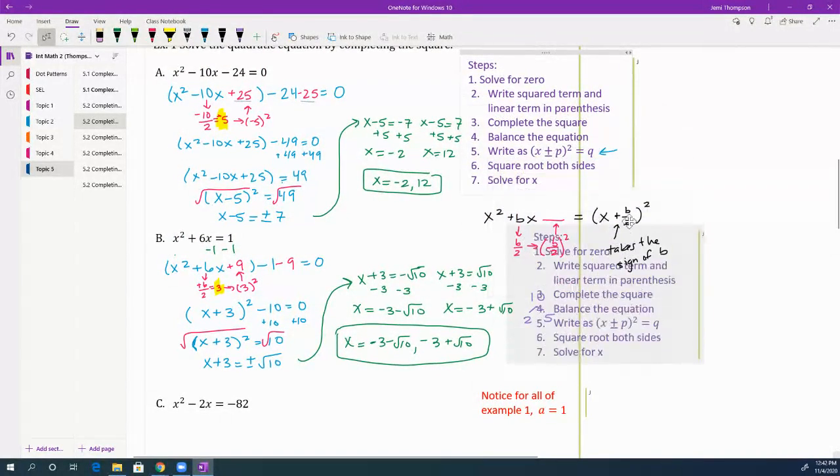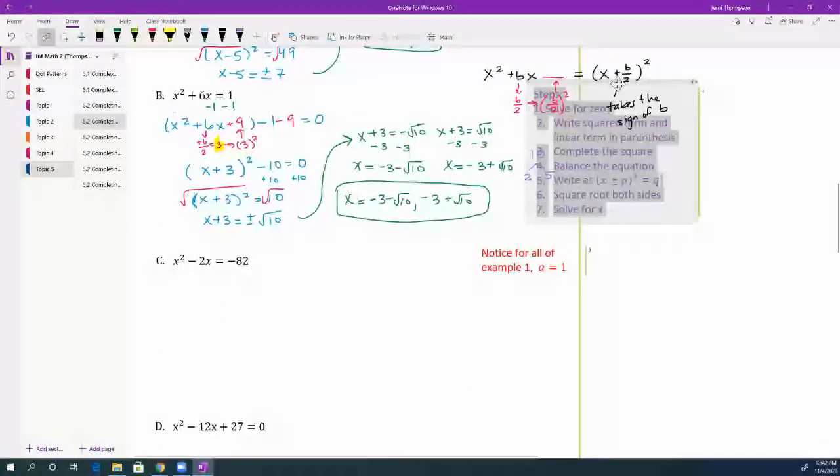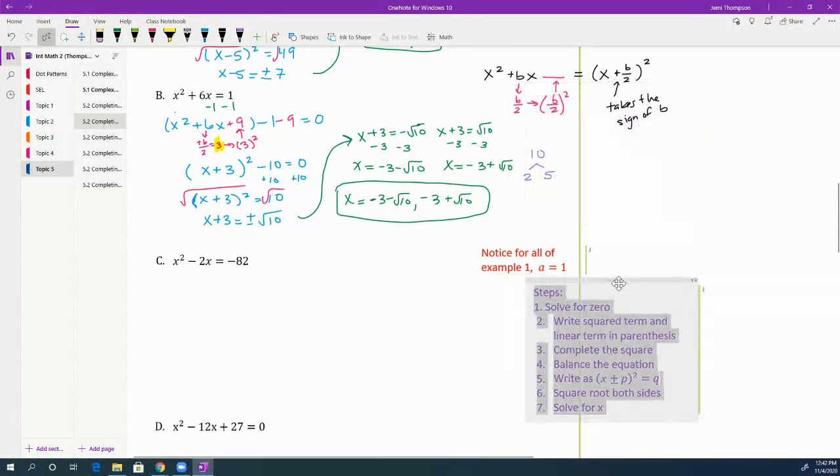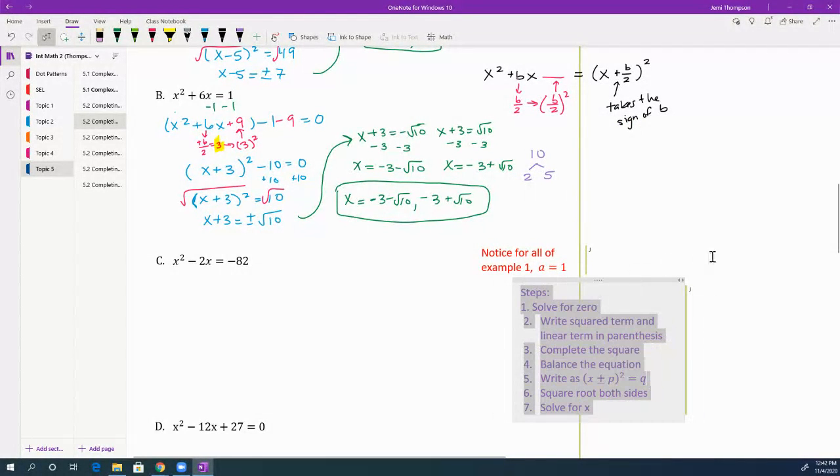So when we roll into example 2, we're going to see sometimes where the A is not 1, and we'll kind of walk you through that. But I just want to point that out. In order to complete the square, the number in front of x squared has to be 1, and if it's not, then I have to factor it out, and we'll get a little creative with that in a little bit.